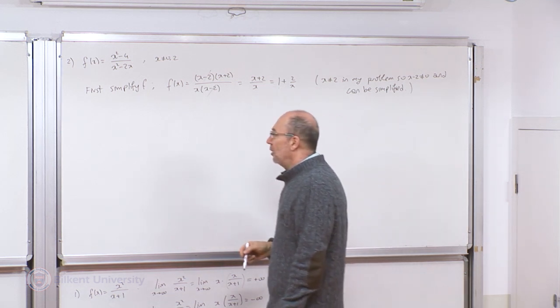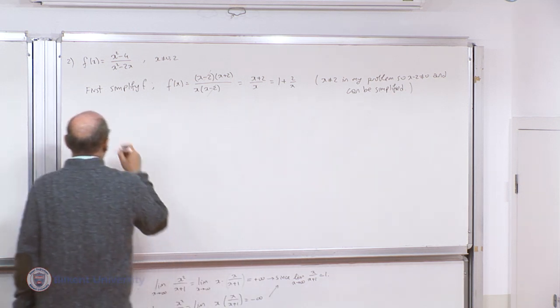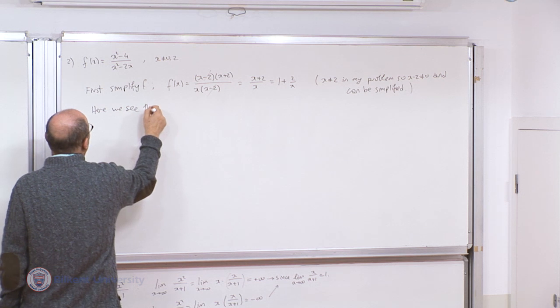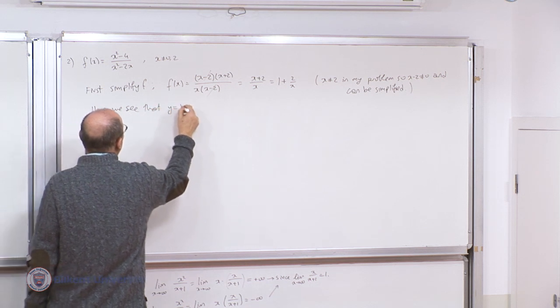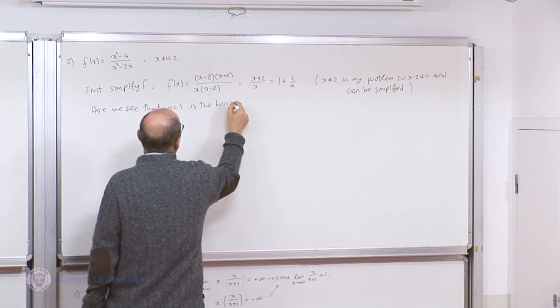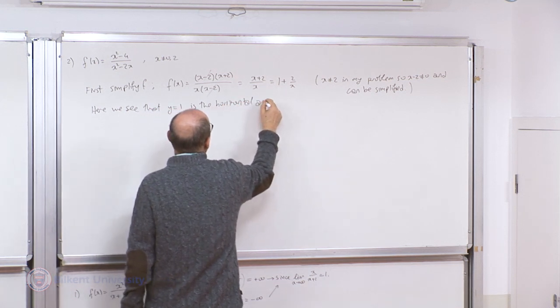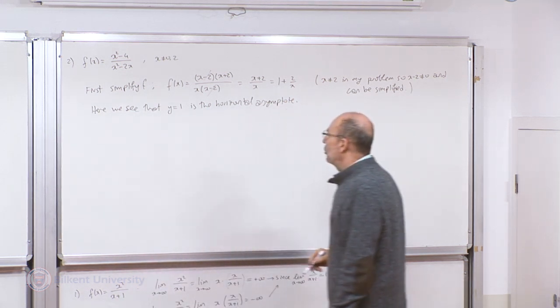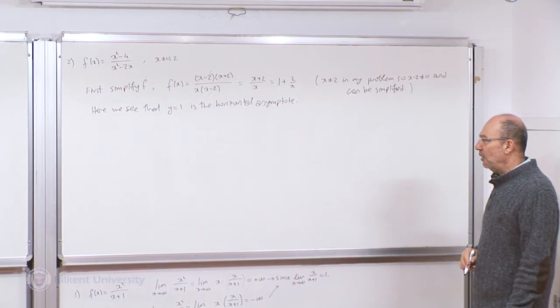So this becomes the horizontal asymptote. So here we see that y equals 1 is the horizontal asymptote. So the curve is approaching that.